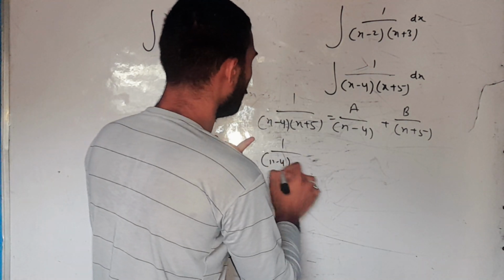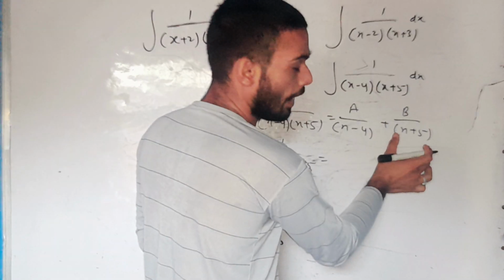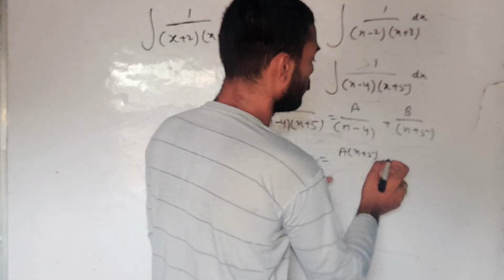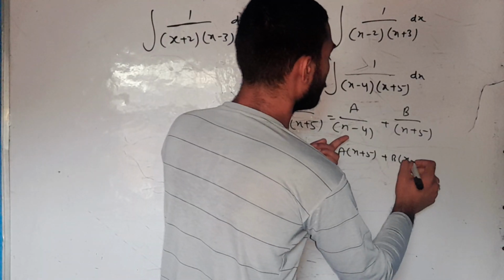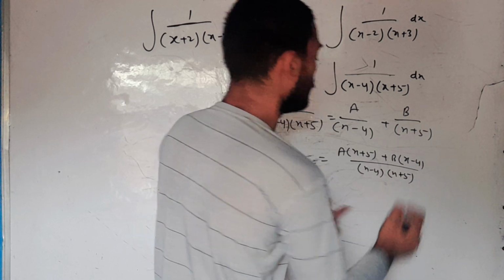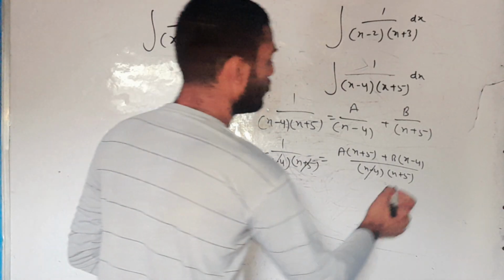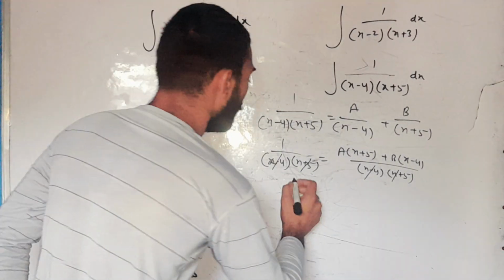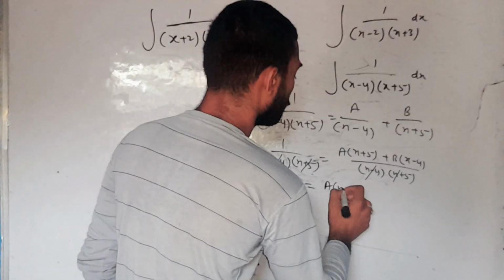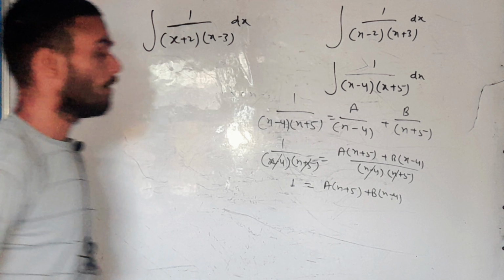So now let's try to solve this question. 1 upon (x minus 4)(x plus 5) equals A upon x minus 4 plus B upon x plus 5. We multiply A by (x plus 5) and B by (x minus 4), and (x minus 4)(x plus 5) is the LCM of these fractions. The denominators cancel, and then we get 1 on this side, and A(x plus 5) plus B(x minus 4) on the other.